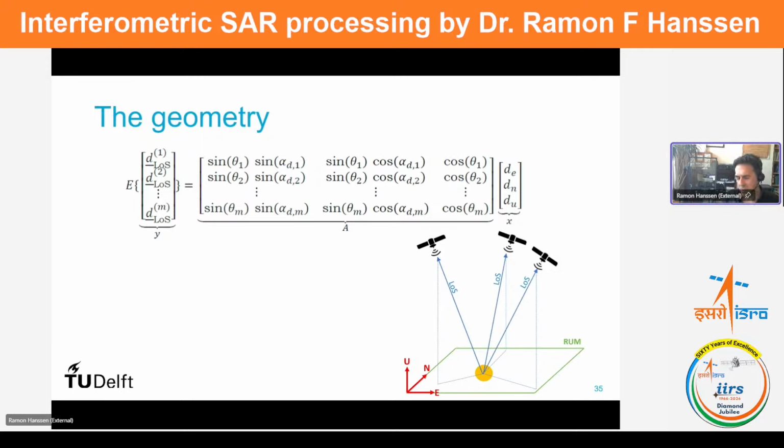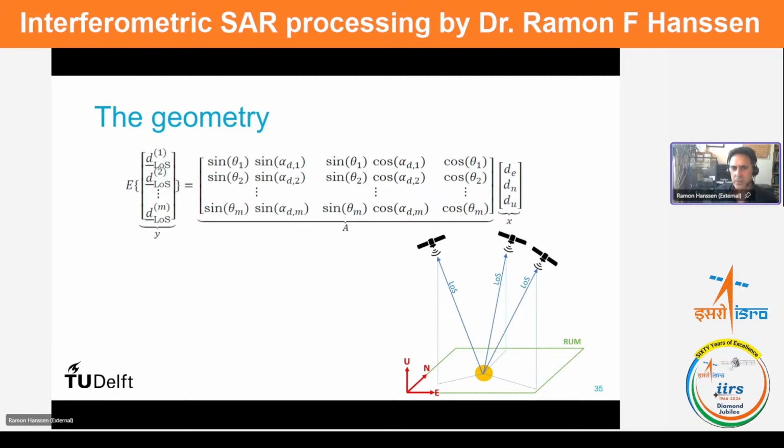So region of uniform motion means that within that green box here, there is no internal motion. Everything moves as a whole. And only if I have a region of uniform motion and I have more scatterers from different viewing geometries, then I can do something with these equations over here.